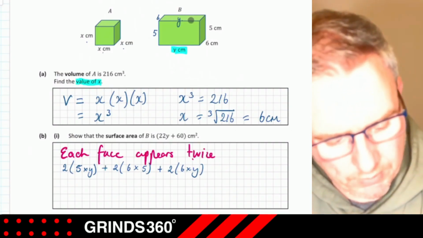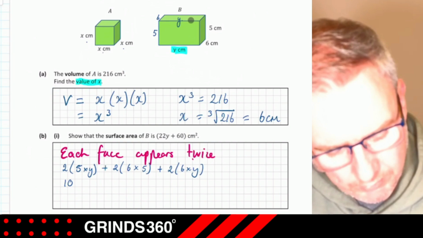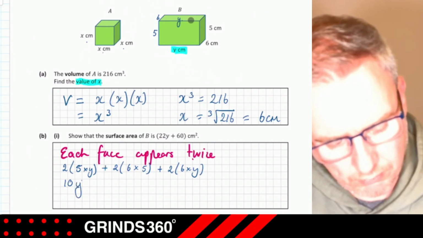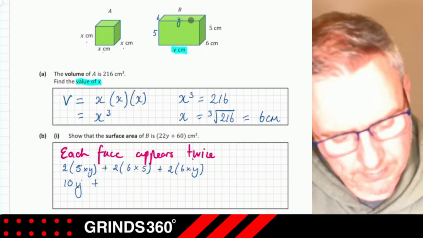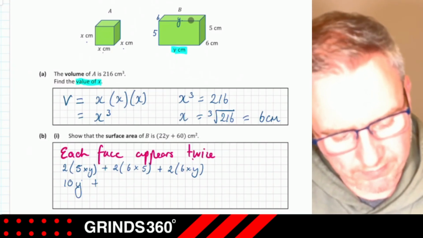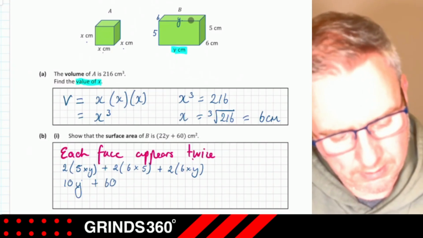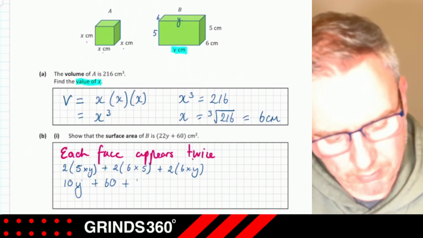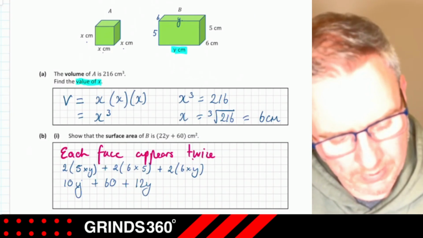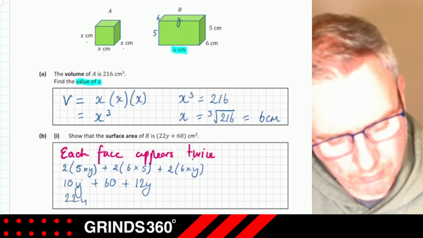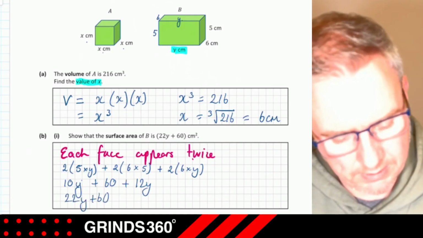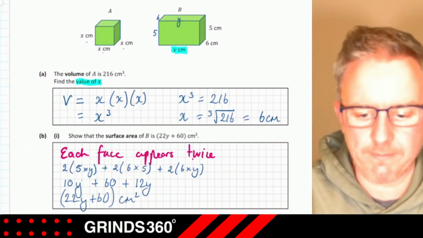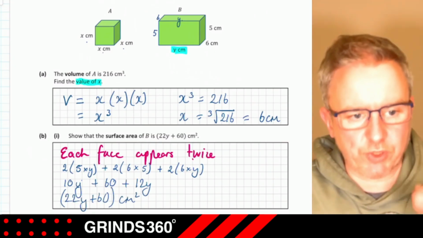Okay, so tidying it up then, we have 10y plus 2 by 6 by 5, which is going to give me 60, plus I have my 2 by 6, which is 12 by y, 12y. So I have 22y plus 60, and it's centimetres squared. Okay, so nice and handy, but just take your time on it.